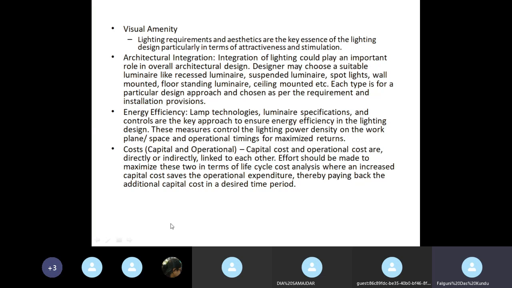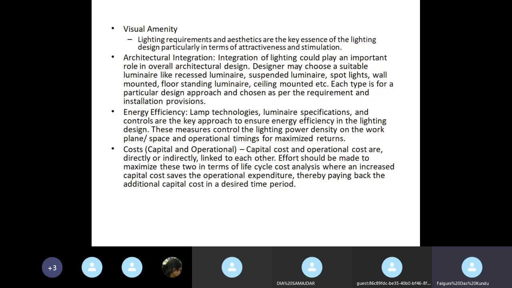Next is the energy efficiency. Lamp technologies, luminaire specifications, and the controls are the key approach to ensure energy efficiency in the lighting design. These measures control the lighting power density on the work plane or space and the operational timings to maximize the returns. Then the costs. Costs are divided into two parts.